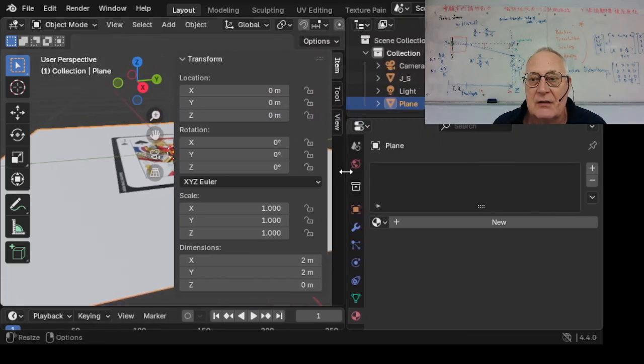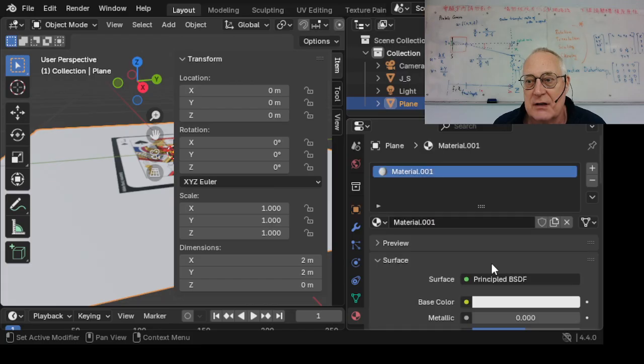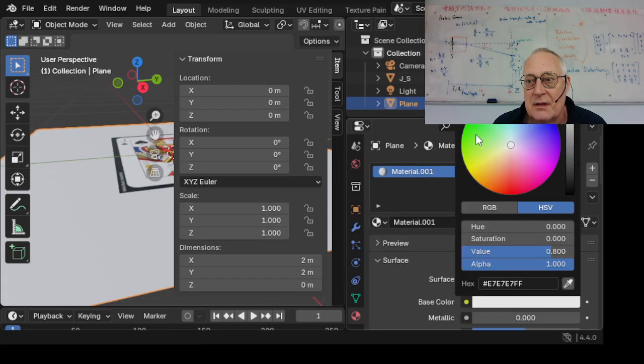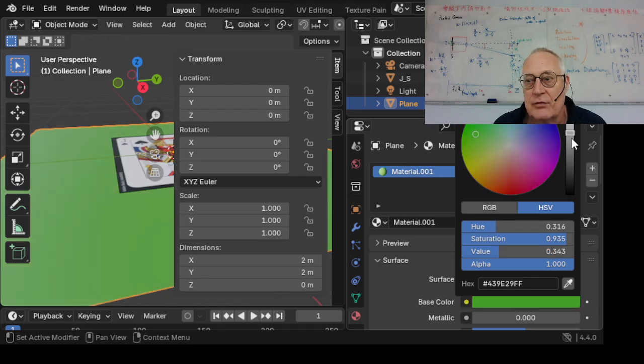So then I have to deal with materials. I need to make a new material. It's a solid green, not quite so bright.